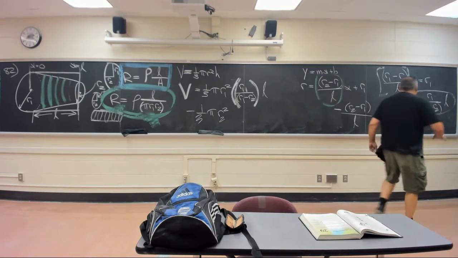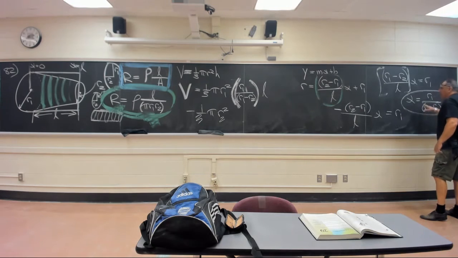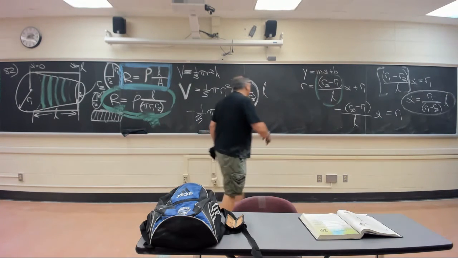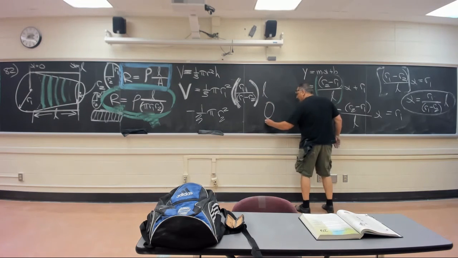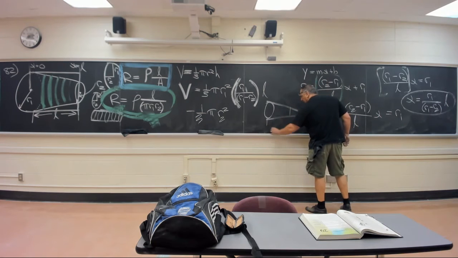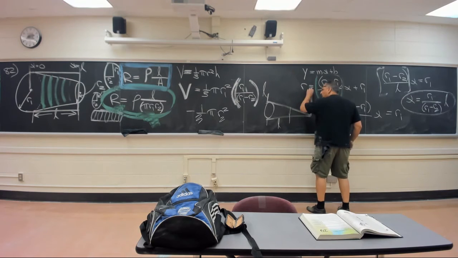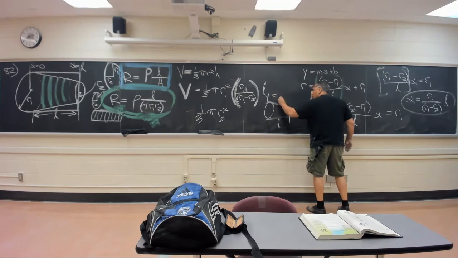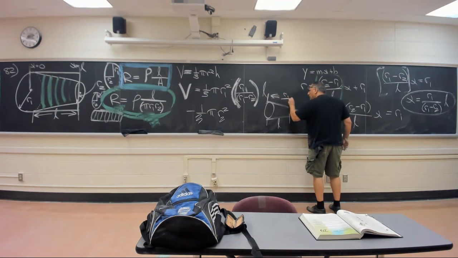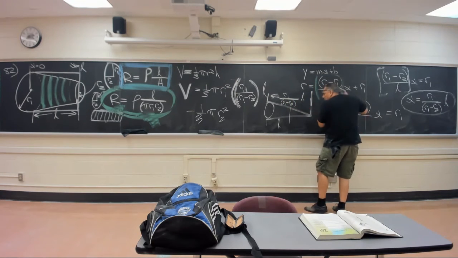Well, wait a minute. This is long distance. The other one's L. So I guess if we're talking about it, guys. Here, this is L. This to here was the R1 over R1 minus R2 L. That's all of it.